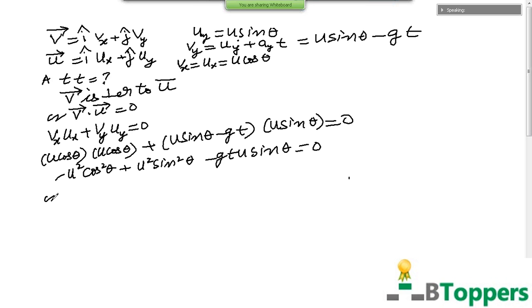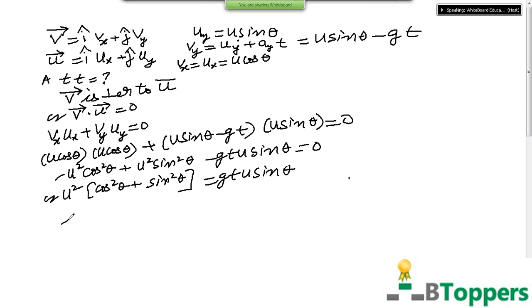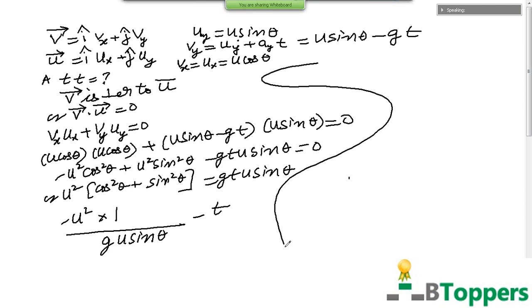You can take u square common in the first two terms on the left hand side, and the third term we can carry to the right hand side. Cos square theta plus sin square theta will be equal to 1 for any value of theta. Carry the factor g u sin theta to the other side of the equation. So the time after projection at which v bar is perpendicular to u bar is given by t equal to u by g sin theta.